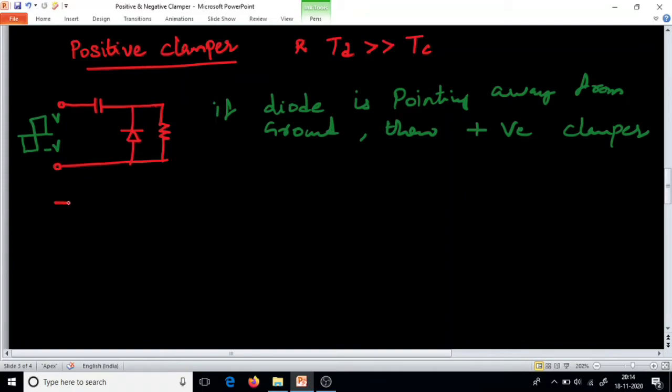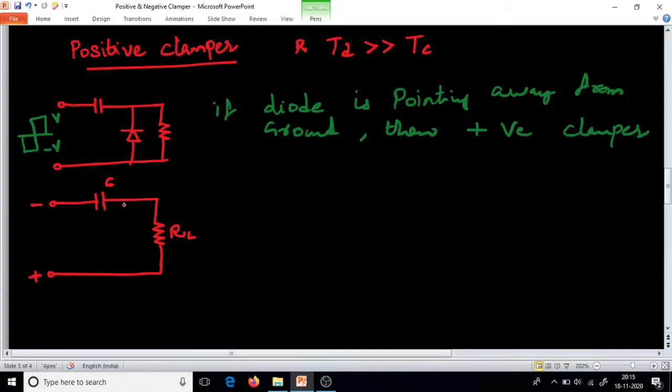We have a capacitor C and one load resistor RL. When the waveform is negative, this terminal is going to be the negative terminal and this is going to be the positive terminal.